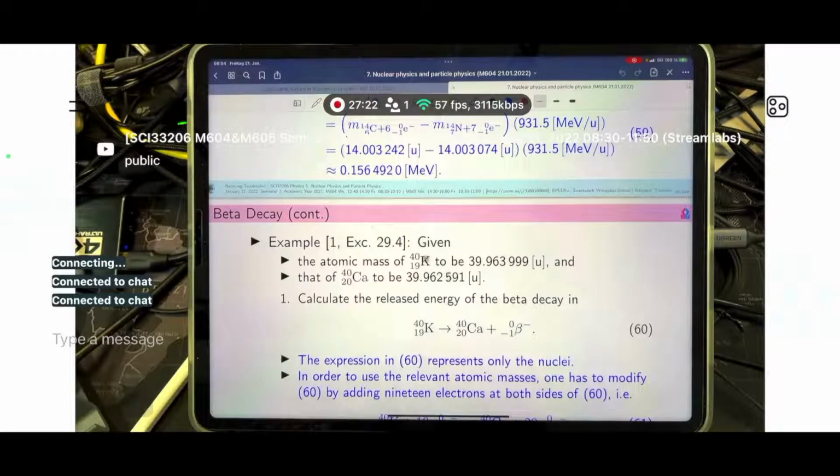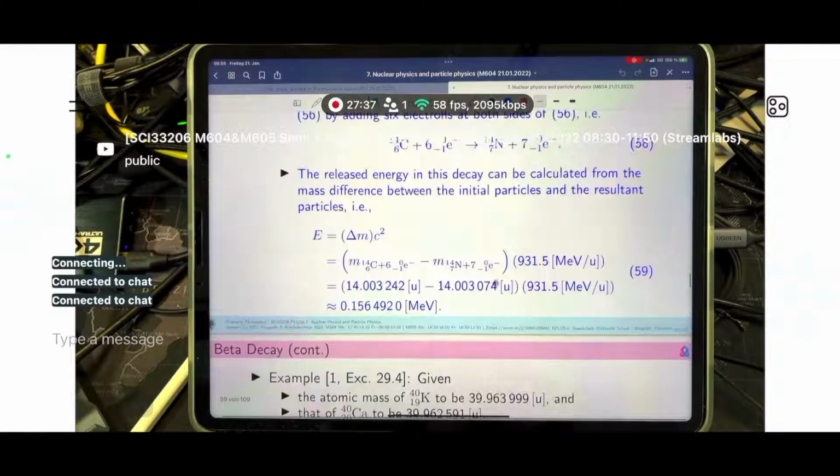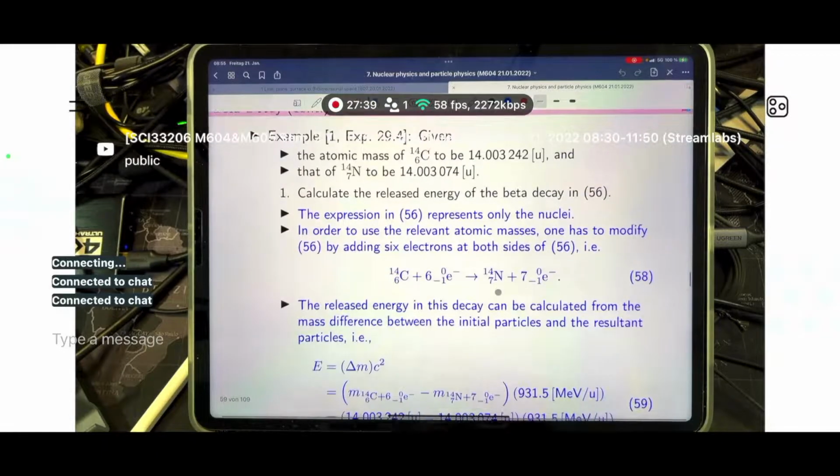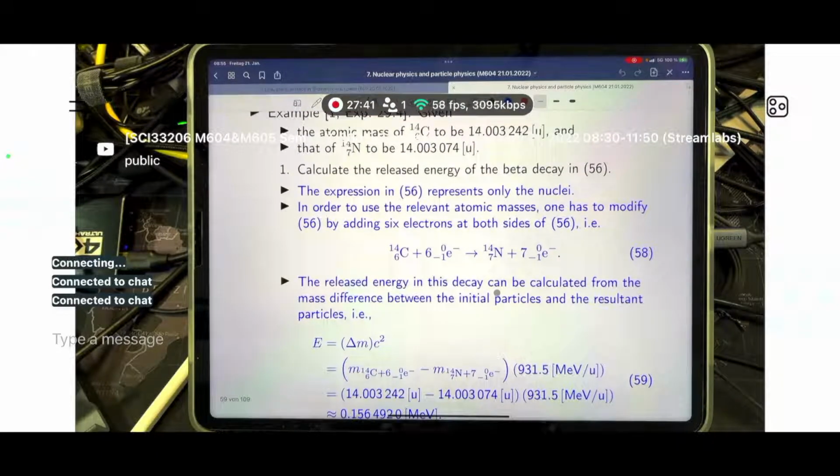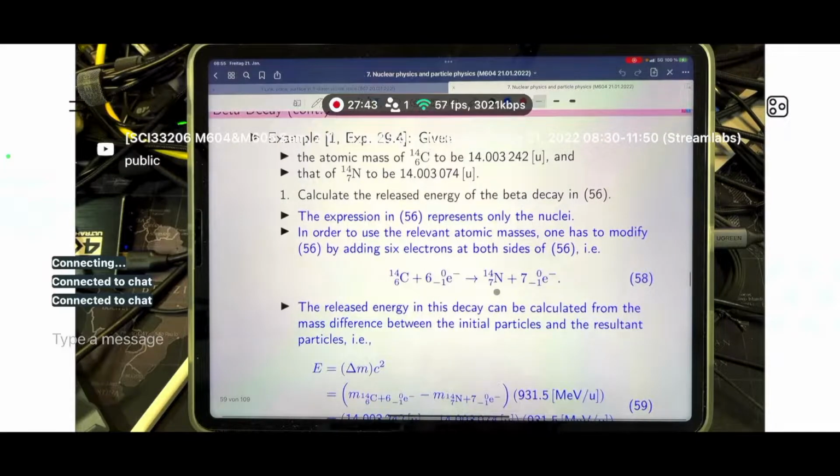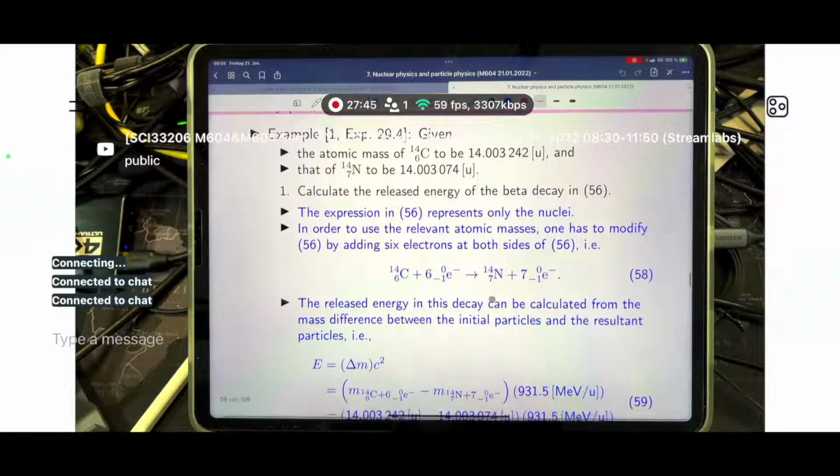So one neutron from the potassium is converted to a proton, and of course during this conversion the neutron will emit an electron. But I would say these two problems are actually still incomplete because there is one missing detail we will talk about later. They are still incorrect, but we go ahead with that.